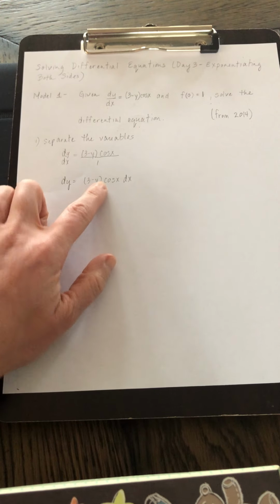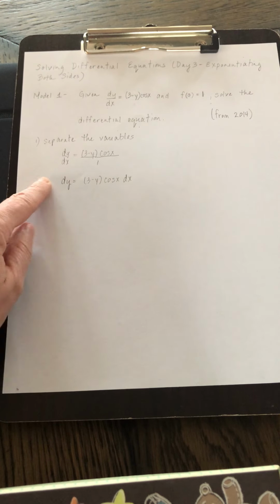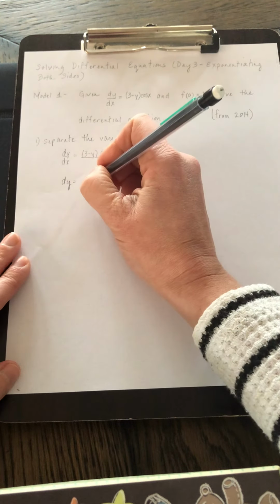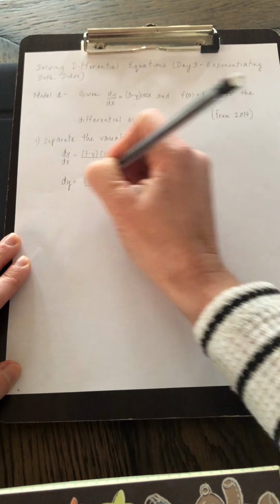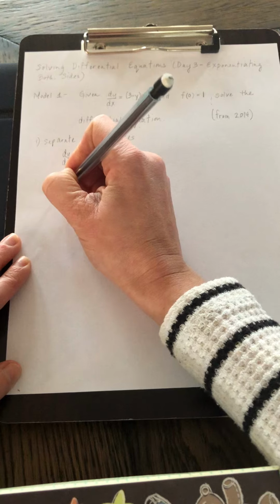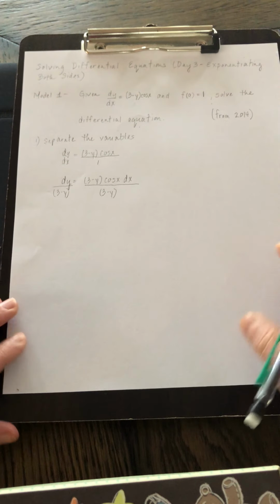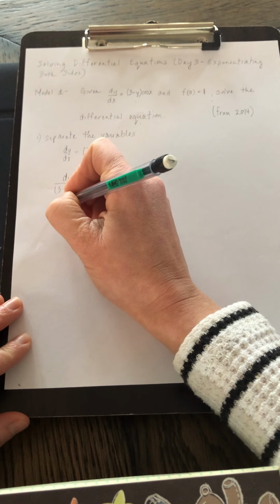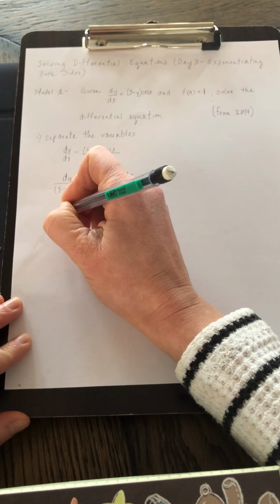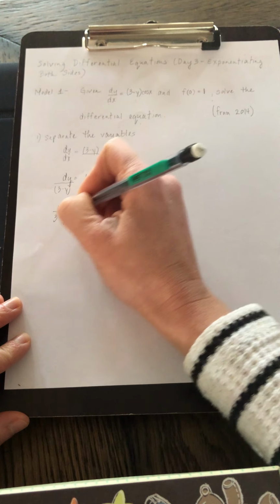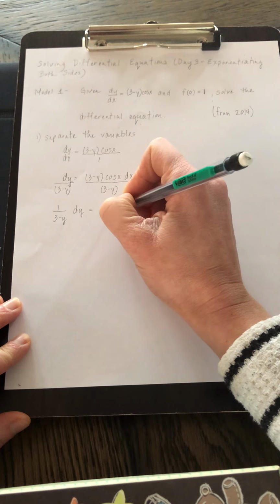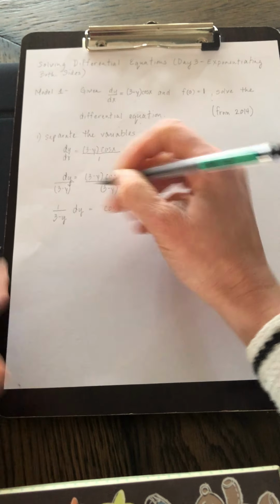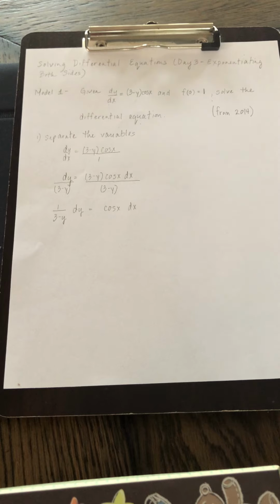We do have a y binomial over here, and we are going to have to divide it out. Okay, and I'm going to write it as 1 over 3 minus y dy, and then we have cosine x dx. So now we have true separation of variables.